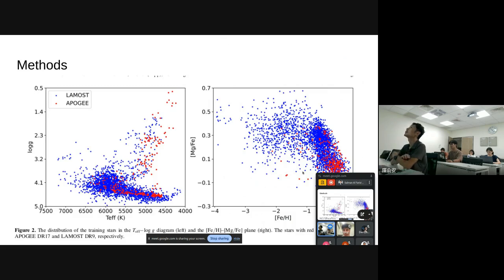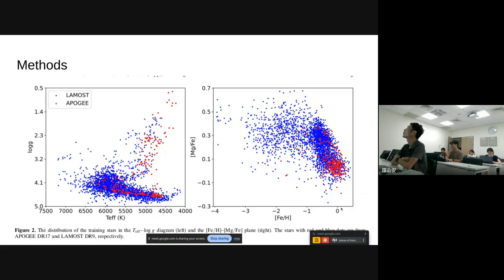Here's the distribution, in this example Fe per H, and it's around here. I think for selecting the training set, they choose randomly.